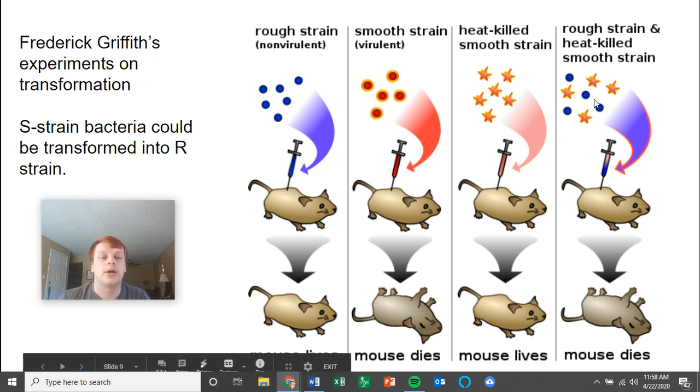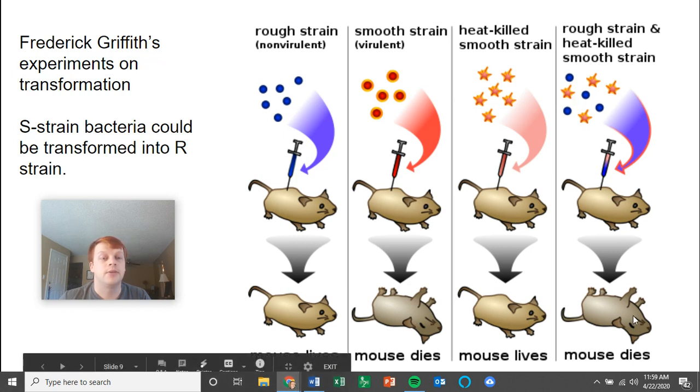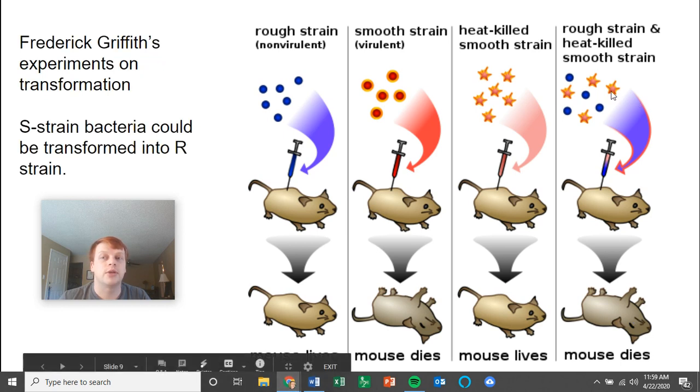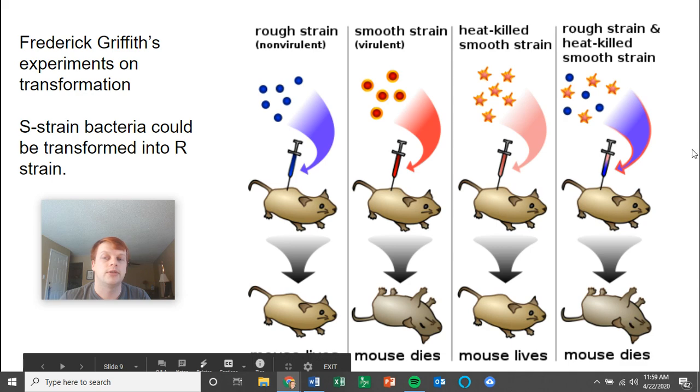What was interesting about his research was that when he then injected a rough strain, remember that's the non-virulent, with a smooth strain that had been killed using heat, the mice still died. So what that showed is that the S strain bacteria could be transformed into a rough strain. The genetic information in here could be transferred into here and have the same result.